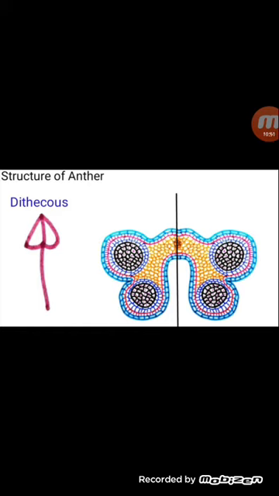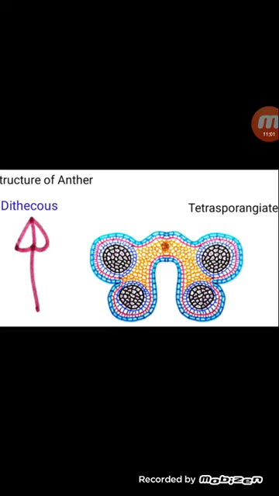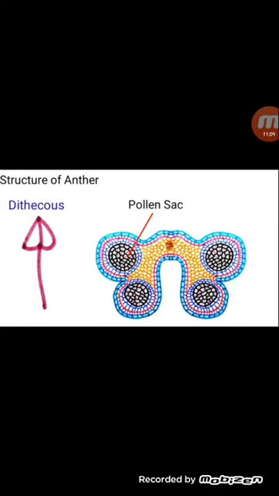Anther is dithecous. It has 4 sporangia. Hence, it is called tetrasporangiate. This tetrasporangiate anther consists of pollen sacs.